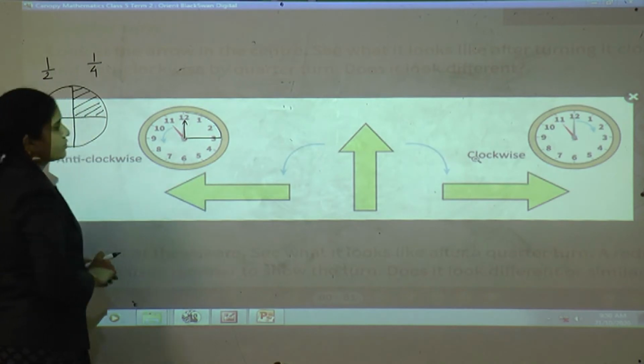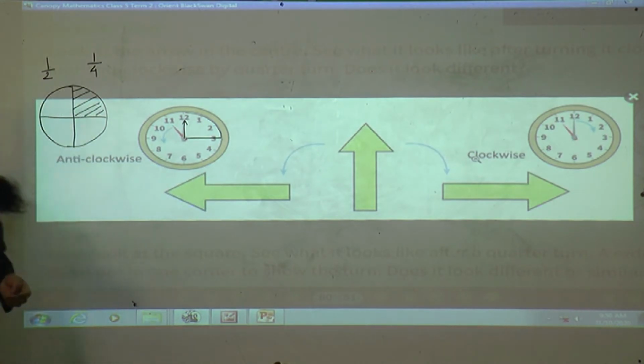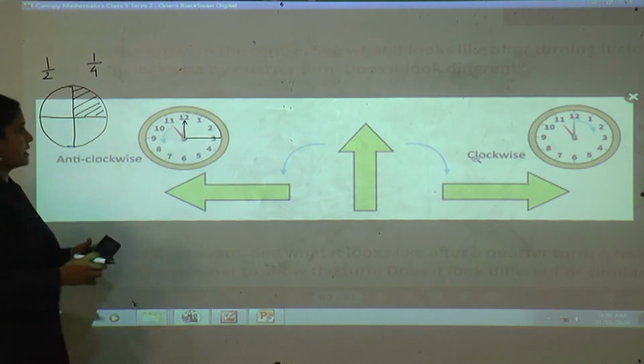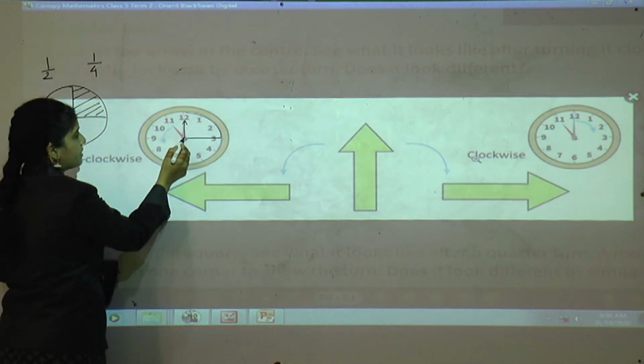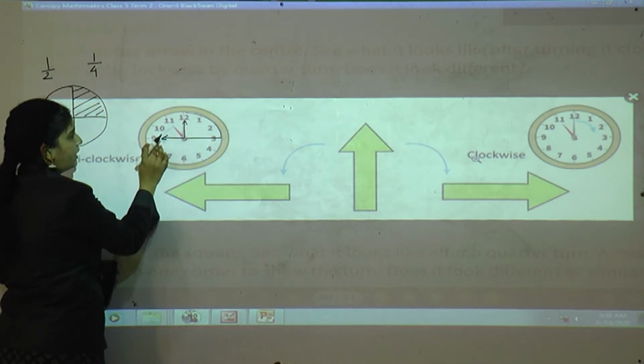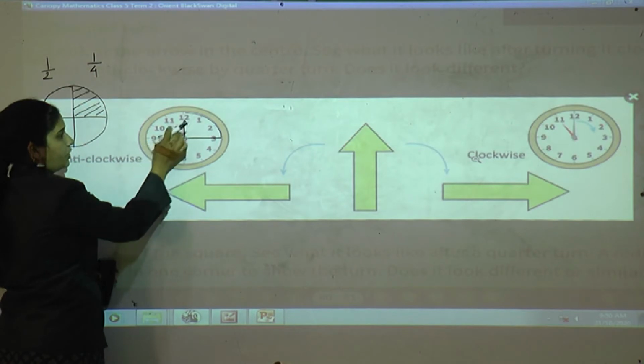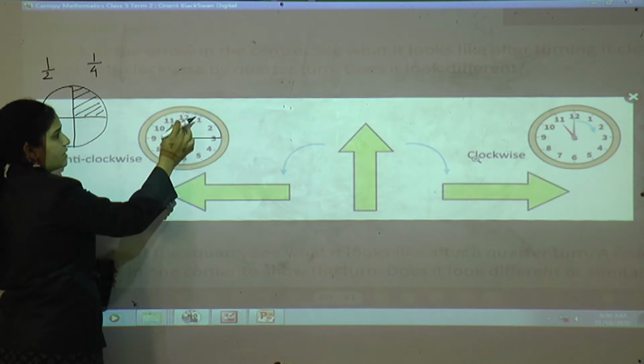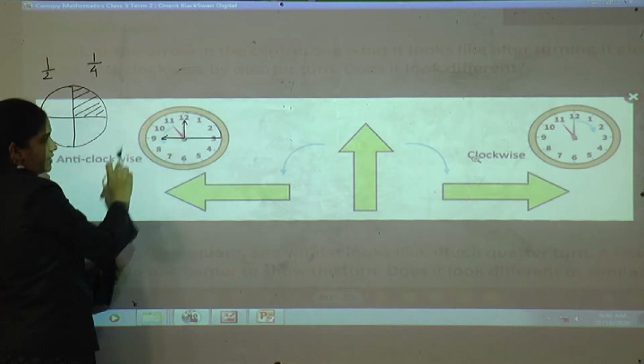Okay, so students, this is the clockwise direction. If in the anti-clockwise direction, here 9 is a quarter turn of 12. That means the arrow will come to this side.